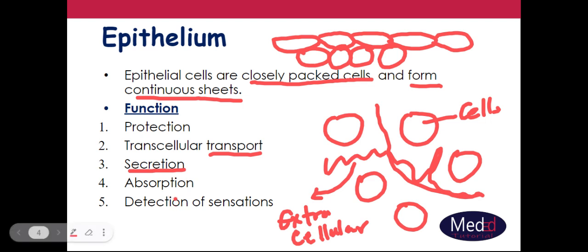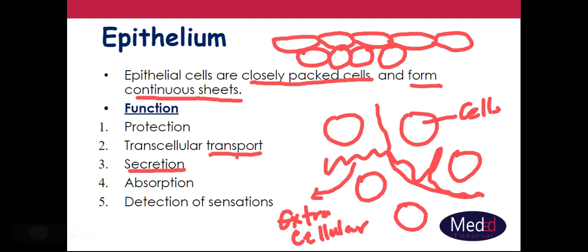Epithelial tissue also helps in absorption. Some epithelial tissue has structures such as villi. If you remember from biology, in the gastrointestinal tract, especially the small intestine, the small intestinal cells have microvilli, and these microvilli are very essential when it comes to absorption.